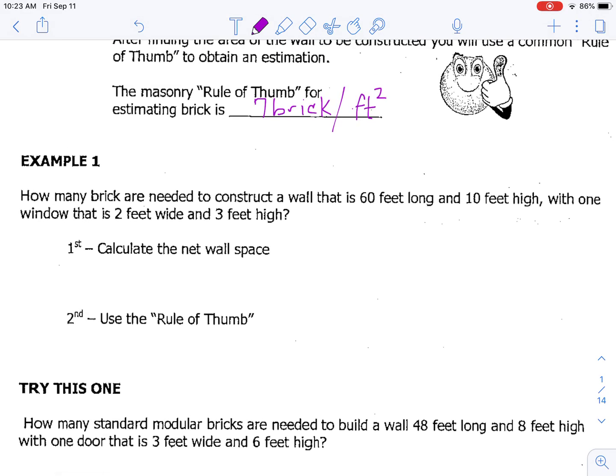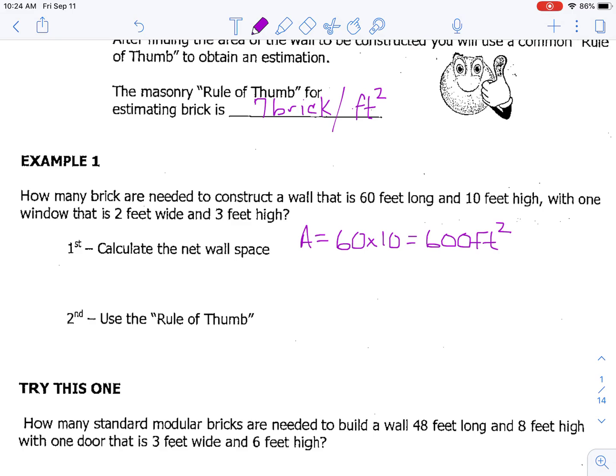Example number 1 says, how many brick are needed to construct a wall that is 60 feet long and 10 feet high, with one window that is 2 feet by 3 feet? So we do the area of the wall. The area of the wall is 60 times 10, which is 600 square feet.